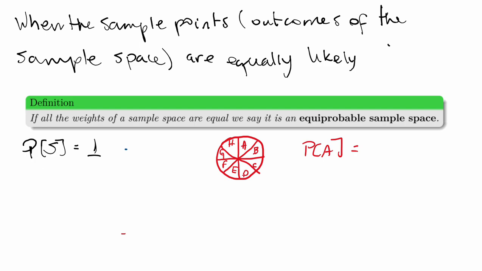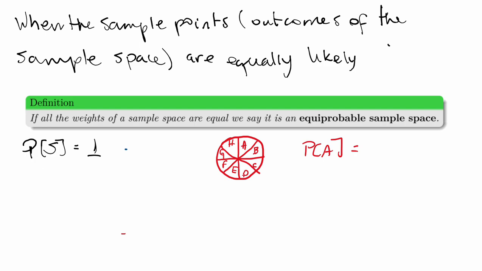Let me ask you something. Let's use intuition. If I close my eyes and pick a piece of the pizza, is the chance of getting piece A higher than the chance of getting piece F?